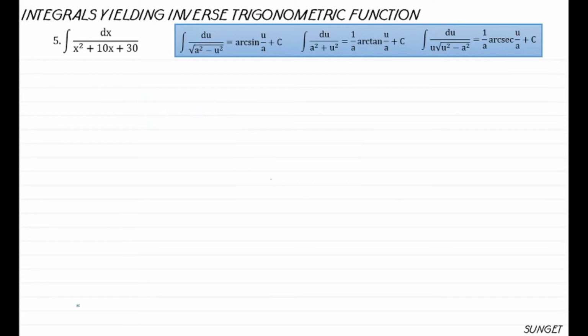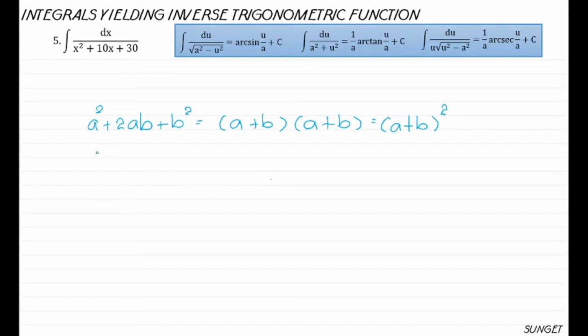So what is a perfect square trinomial? A perfect square trinomial is in the form of a squared plus 2ab plus b squared. By factoring, we have (a plus b) times (a plus b), which is equal to (a plus b) squared.